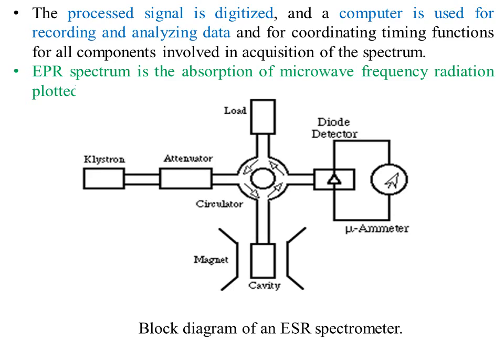The first one is klystron tube, second one is attenuator, third one is circulator, fourth is a cavity, fifth one is a magnet, sixth one is diode detector, seventh is ammeter, and eighth one is a load. So mistakenly, in my last sentence I told you seven, but there are total eight components of this spectrometer.